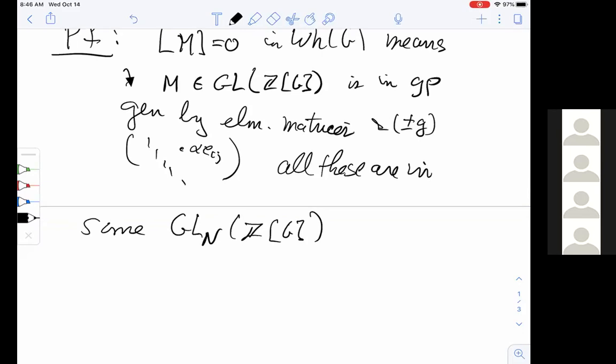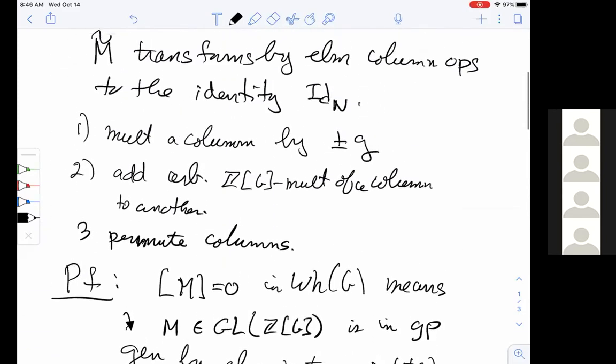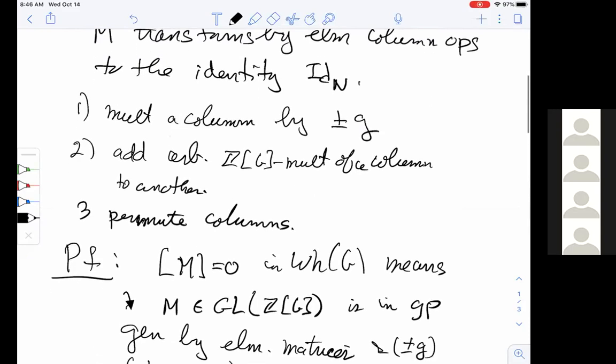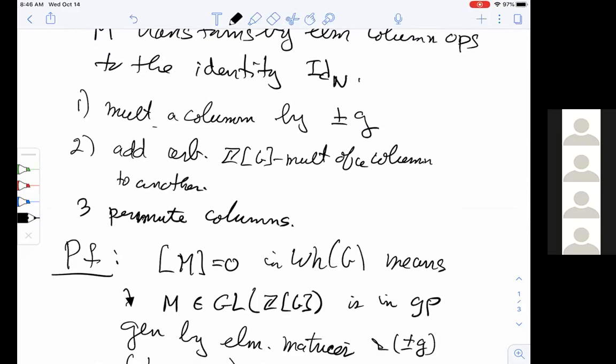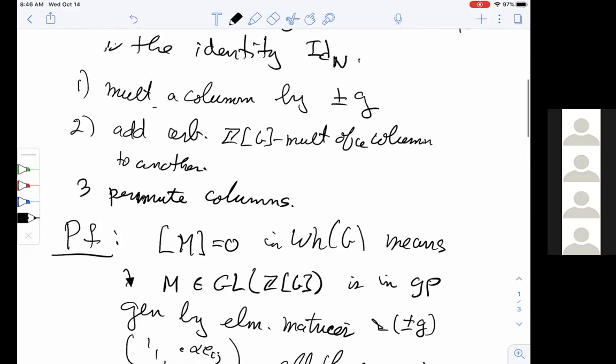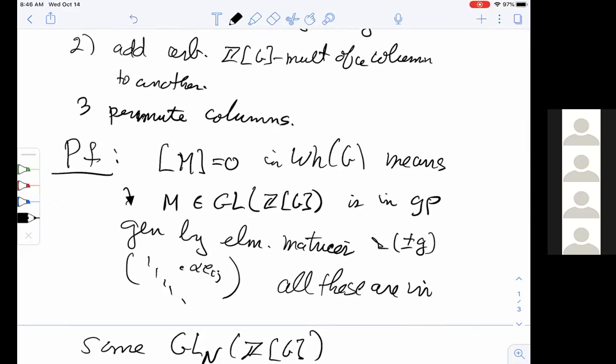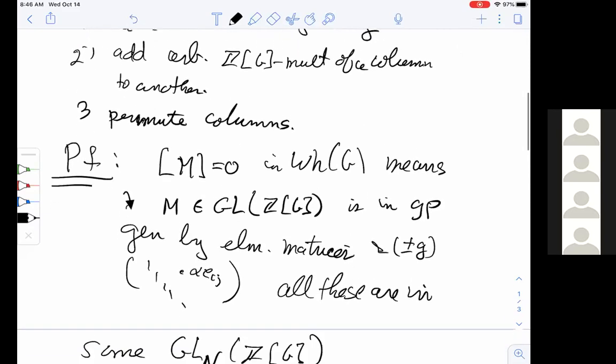And these matrices exactly do the column operations. The first one multiplies the first column by plus or minus G, and the second does the elementary operation.